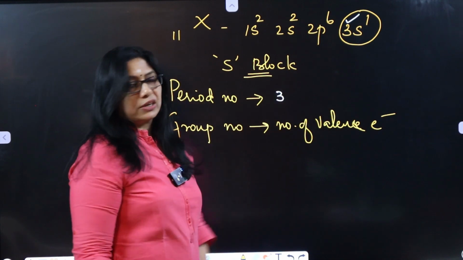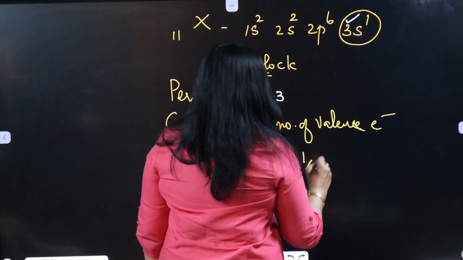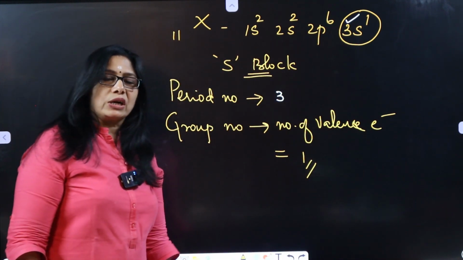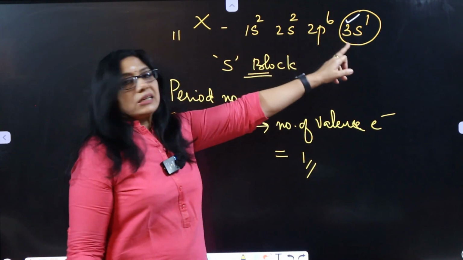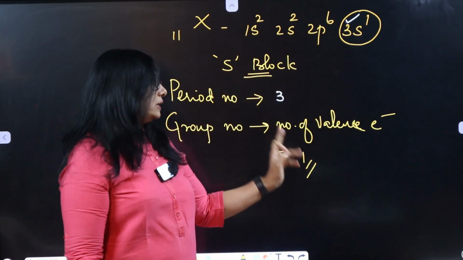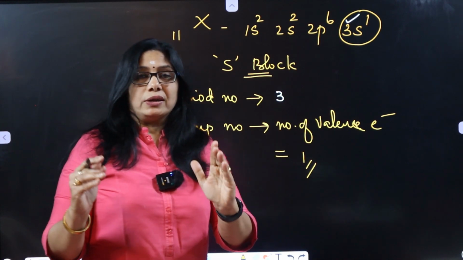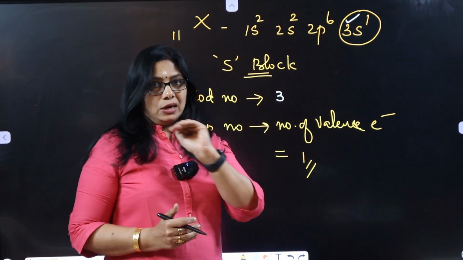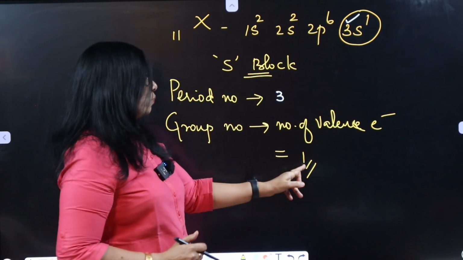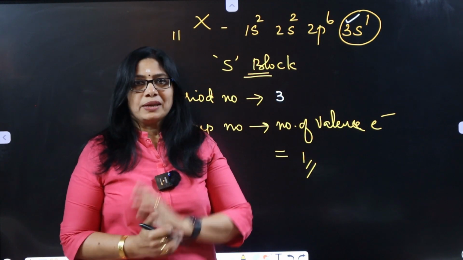Only one valence electron in the valence shell. So, it is 1. So, we come to the conclusion that this is an S block element belonging to the third period and it is in group 1. Now, you know it is sodium. It is 2,8,1. It is in the third period, group 1 and it is an S block element. Clear?